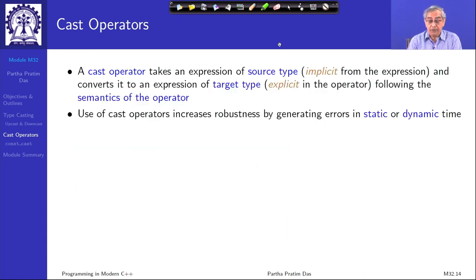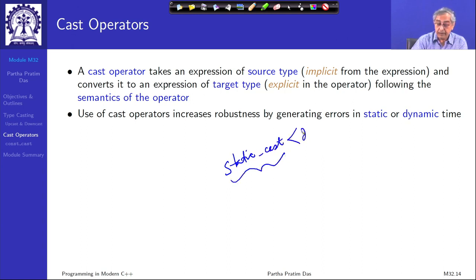Now, how does a cast operator look? You have already seen that. It has a name, an expression which is the source, and the specification of the target type to which it is going. The type of the source expression is not specified because you already know it implicitly. So, three things as we have seen here: static_cast, this is the name, this is the target type double, and this is the expression i.